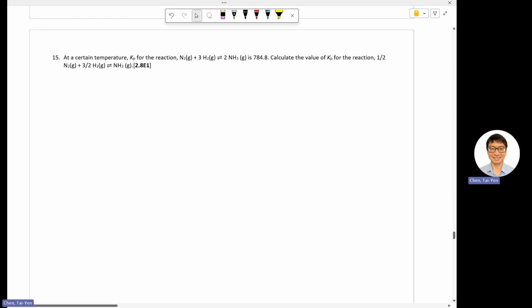Okay, so another important thing that we discussed in chapter 12 is the change of the equilibrium constant K, or Keq.